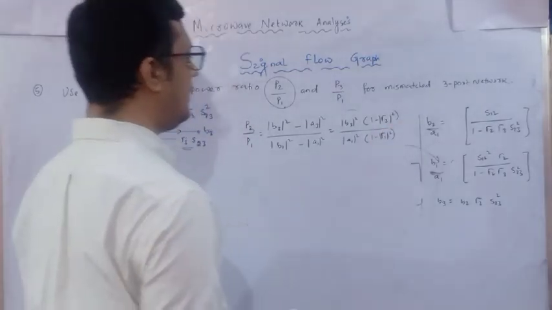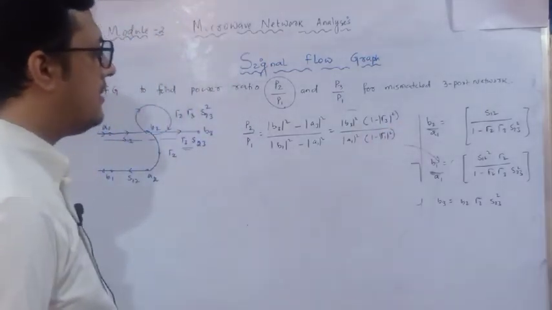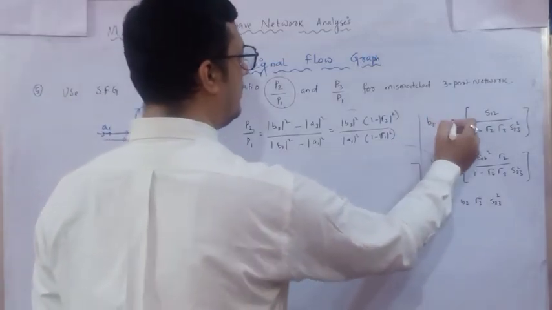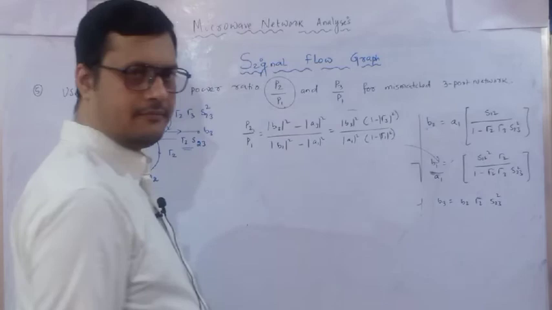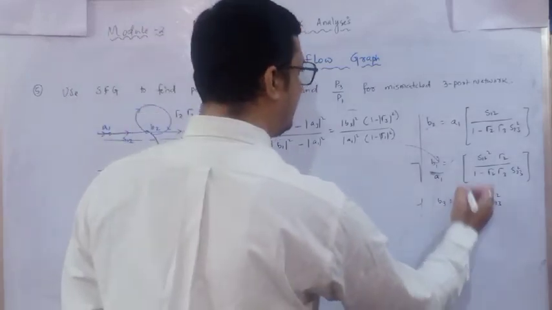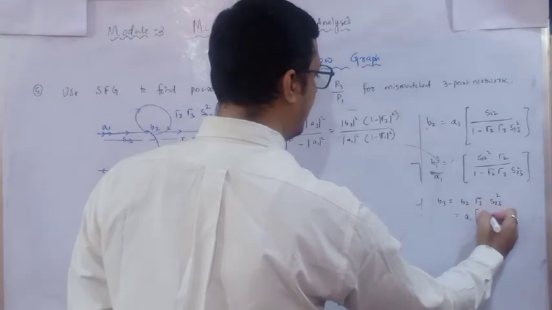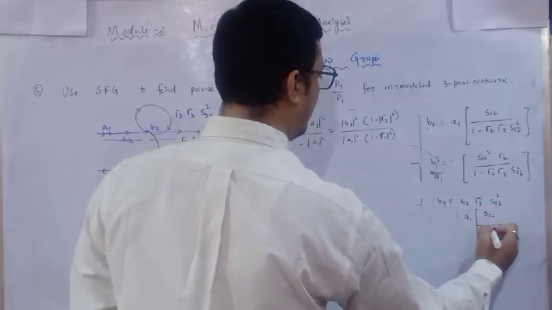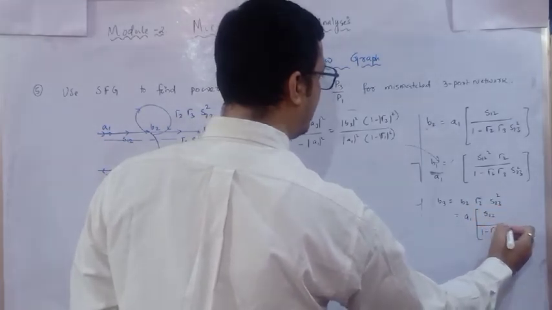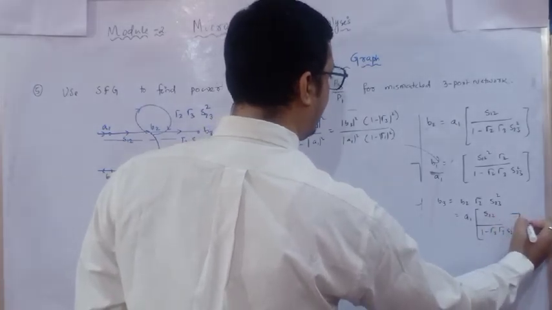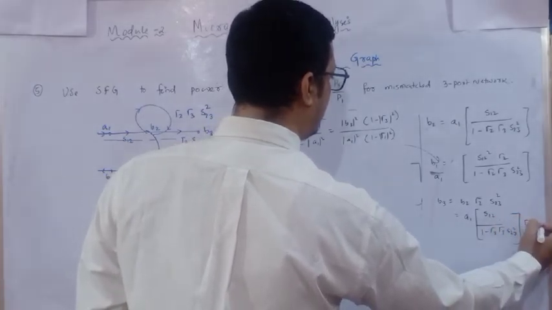Done. Now what is B3 by A1? B3 by A1 means in place of B2 you have to substitute this A1. Now in place of B2, if you substitute in terms of A1, we will get S12 over 1 minus eta 2 eta 3 S23 square, multiplied with eta 2 and S23 square.